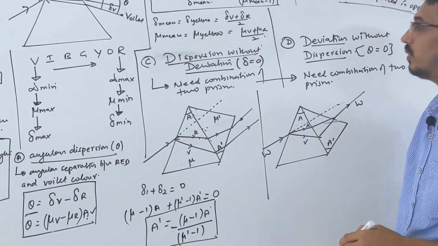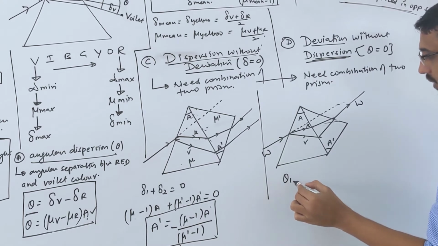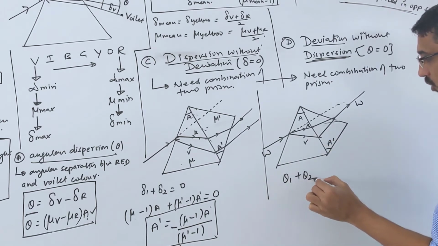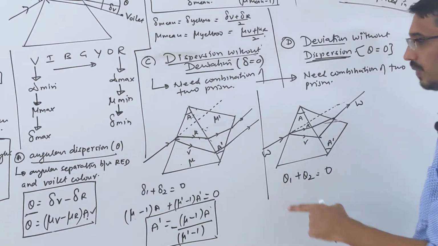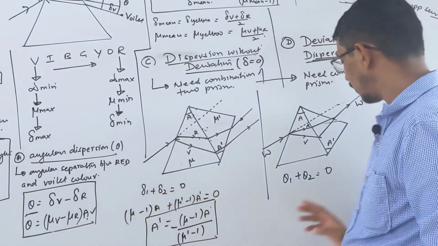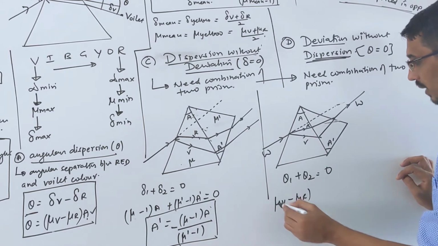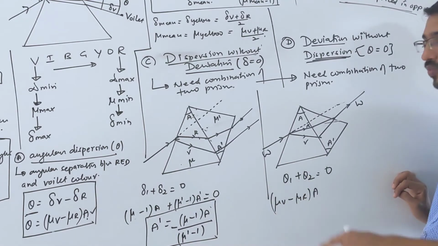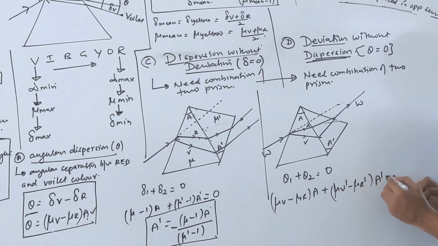So here dispersion is not happening. Suppose this produces theta 1 dispersion and that produces theta 2 dispersion, then the sum should be equal to 0, or theta and theta dash you should write. Theta 1 is given by the formula, and theta 2 also the same way. So mu violet minus mu red into angle of the first prism, plus mu violet dash minus mu red dash into angle A dash, is equal to 0.